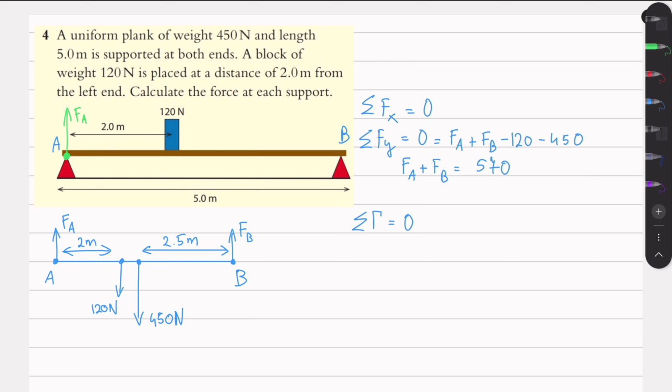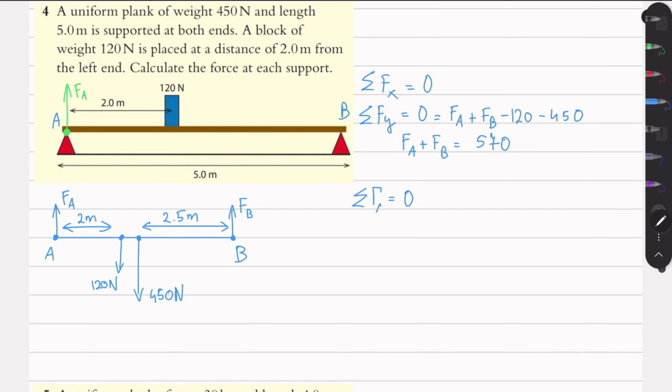The forces that have torque always have a distance from the pivot. For example, if I would put a force over here, then it would have this arm, this is the distance, and that's how much it would rotate in this direction. It would be the force times that perpendicular distance. But for this force, the distance is 0, it's on the axis of the pivot, so it has a torque of 0. That's why, if we write the torque about point A, then we don't even need to consider this force at A, we just need to consider the other three forces.